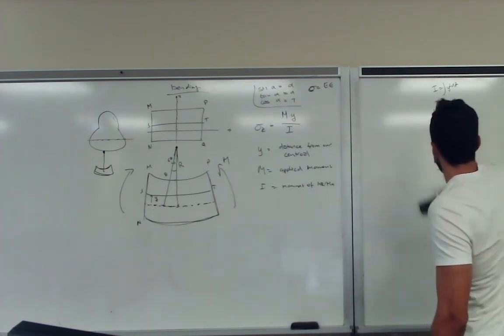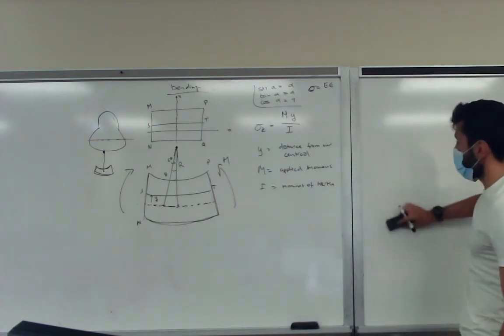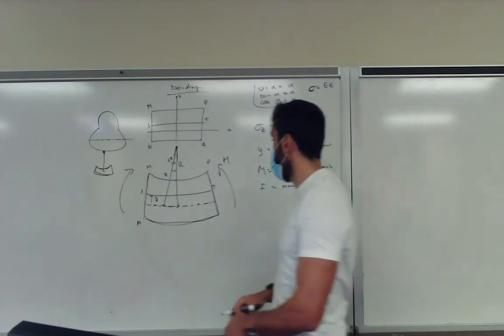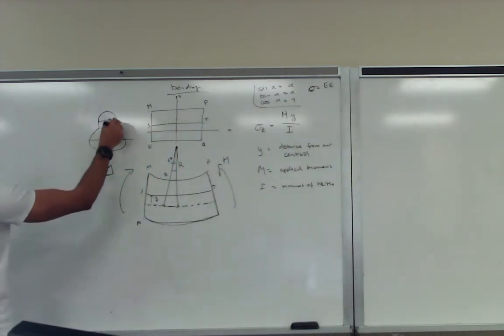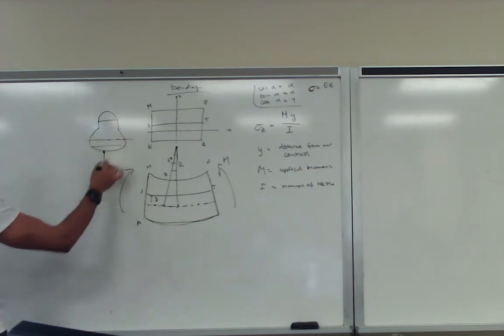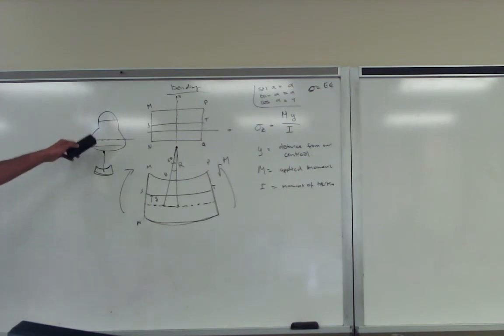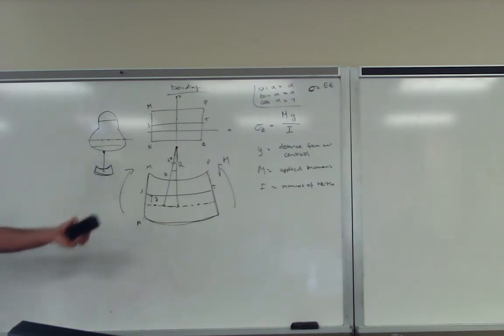So we know that the applied moment doesn't change at the location of our cross section. It doesn't matter if we are at this location of our cross section or here, it doesn't change. The applied moment is the applied moment. The moment of inertia doesn't change with the location of the cross section, but changes with the shape of our cross section.